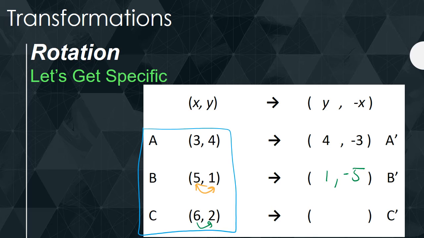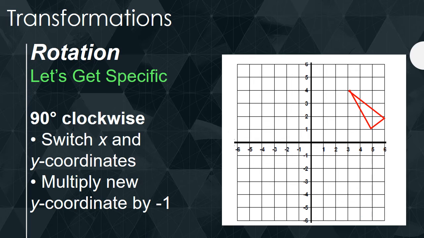And the same thing for C. Let's flip these points, and we make our Y the opposite. So +6 is now -6.